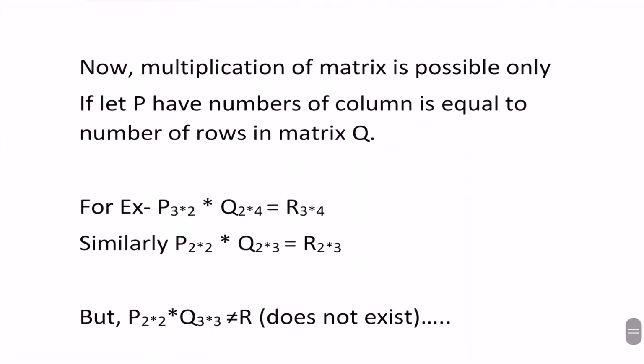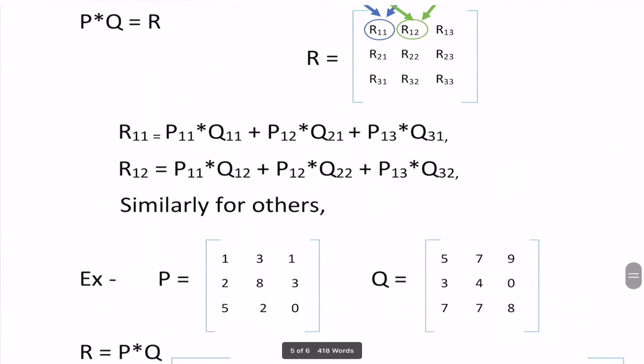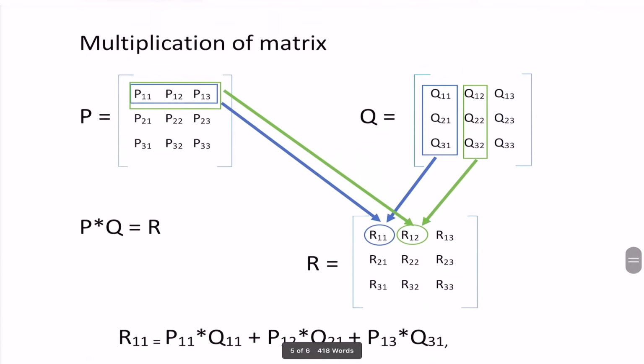Now, multiplication of the matrix is only possible under a condition. How are we going to say that this multiplication is possible and this is not possible? Here, P has 3 rows and 3 columns, and Q also consists of 3 rows and 3 columns.